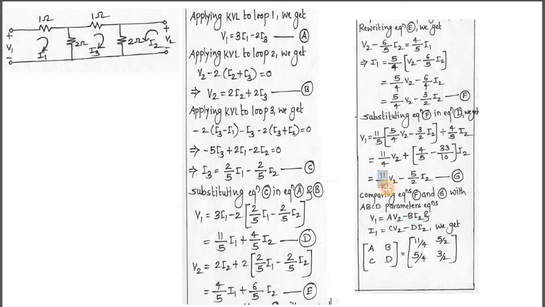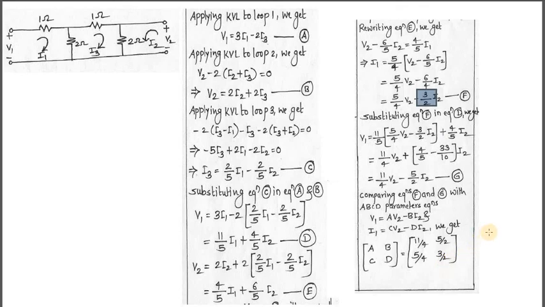So 11 by 4 must be the value of A, 5 by 2 must be the value of B. Similarly, I1 when represented in terms of V2 and I2, 5 by 4 must be the value of C, and minus 3 by 2 must be the value of D.